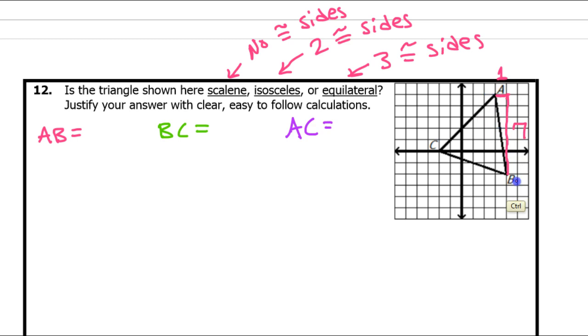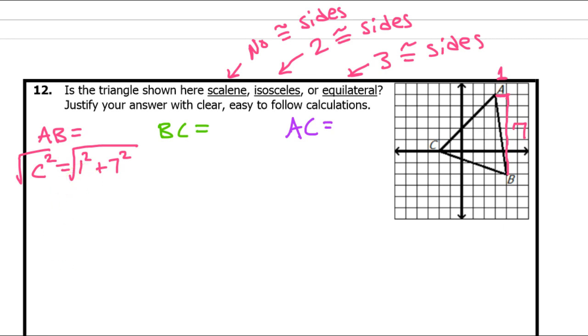But this is a right triangle. AB is the hypotenuse, so I can use the Pythagorean Theorem. So c squared is equal to a squared plus b squared. So 1 squared plus 7 squared. Then, if I want to get c by itself, I would take the square root of both sides. And so that'll give me the length of AB.